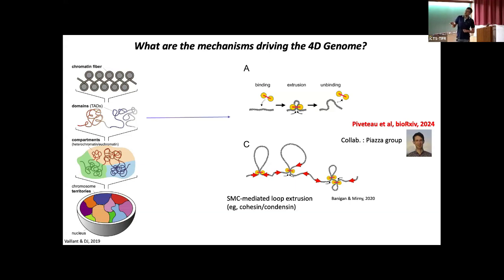My teaser is this paper that was just posted 2 days ago. It's a nice collaboration with Forel Piazza, a colleague and friend at my institute, where we look at loop extrusion of condensin in yeast. It's a very nice work, and I would be happy to talk about it if you want.